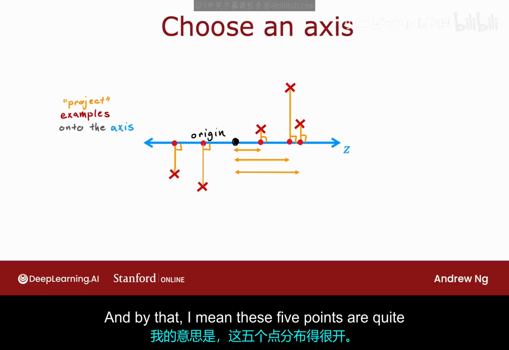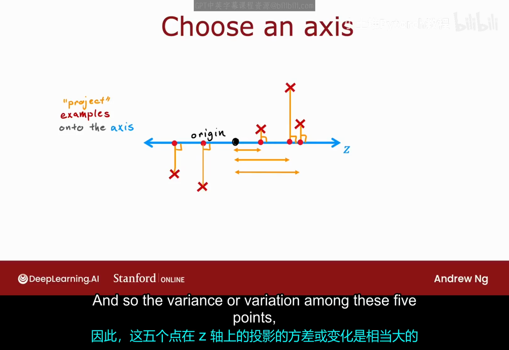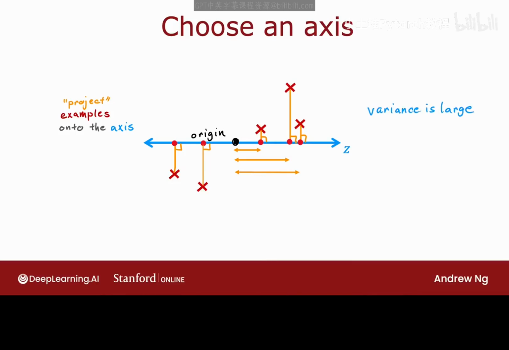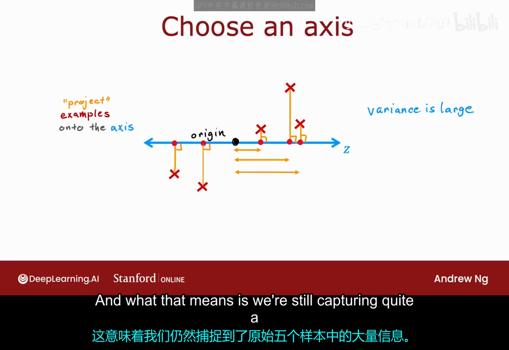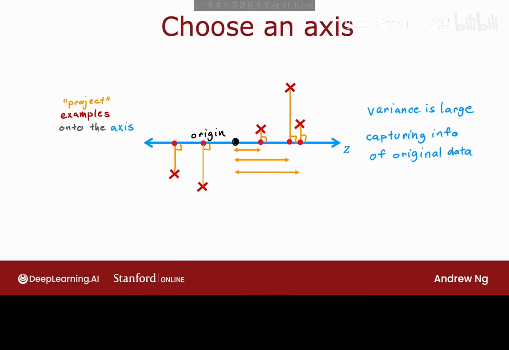And by that, I mean these 5 points are quite spread apart. And so the variance or variation among these 5 points, the projections of the data onto the z-axis, is decently large. And what that means is we're still capturing quite a lot of the information in the original 5 examples.